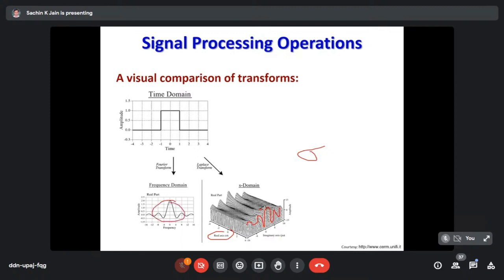But this has this additional information in the Laplace domain, or S domain. If you have what I call the wavelet transform, then in this axis you will have a time axis here. I could not get its representation, but it will have a time axis.